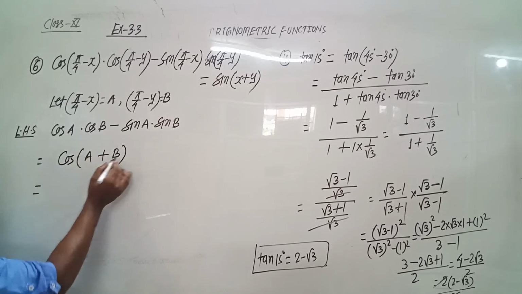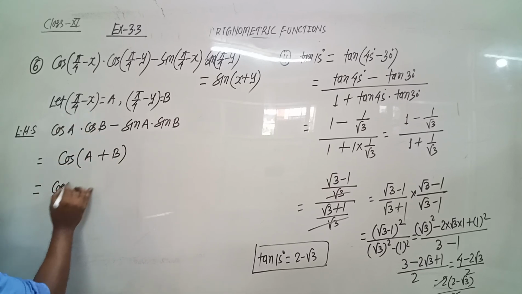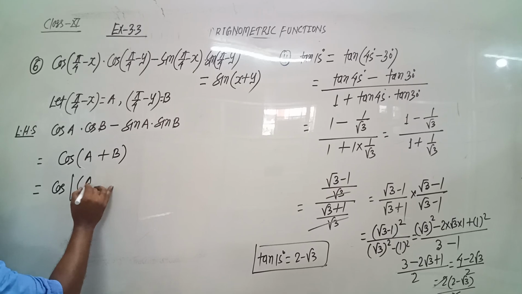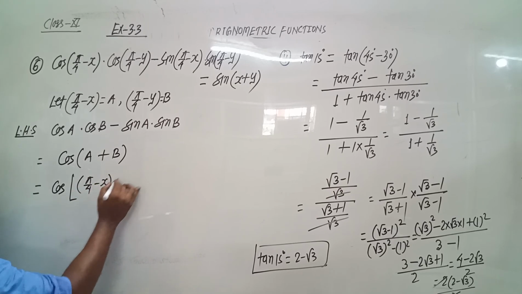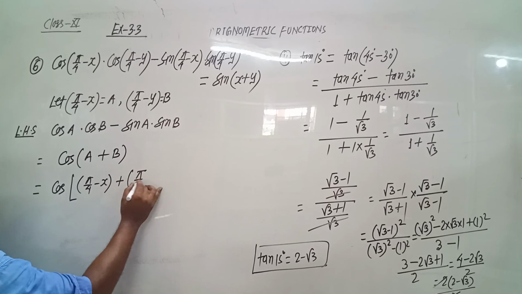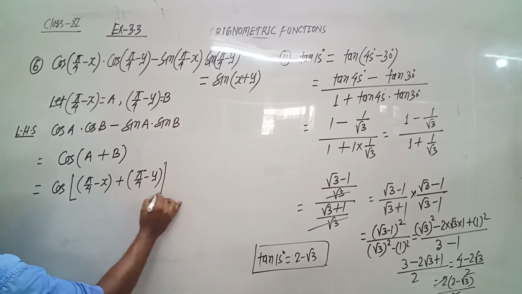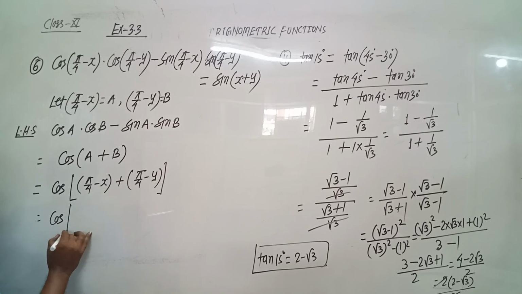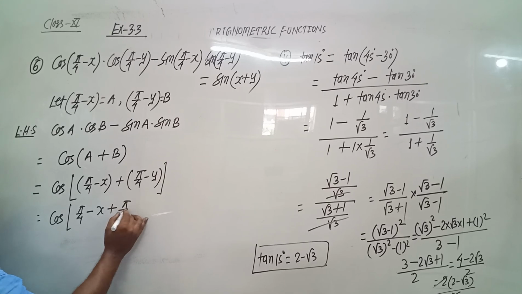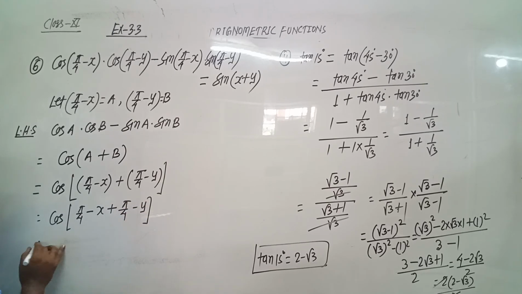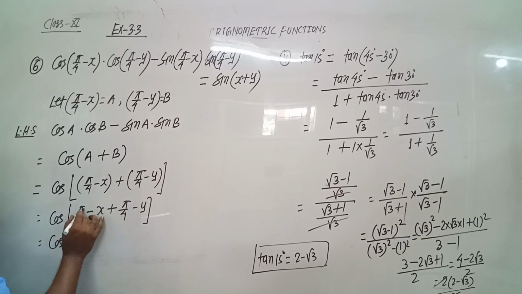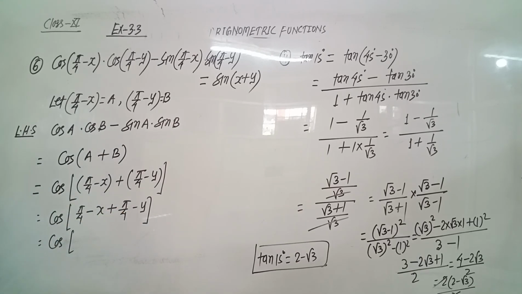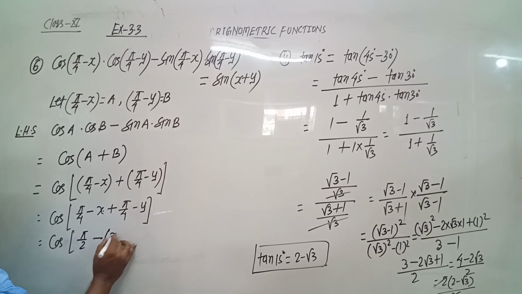Now put the values of a and b. The value of a is pi by 4 minus x, and the value of b is pi by 4 minus y. Then it becomes cos of (pi by 4 minus x plus pi by 4 minus y), which equals cos of (pi by 4 plus pi by 4), 2 pi by 4, which means pi by 2, minus (x plus y) taken common.